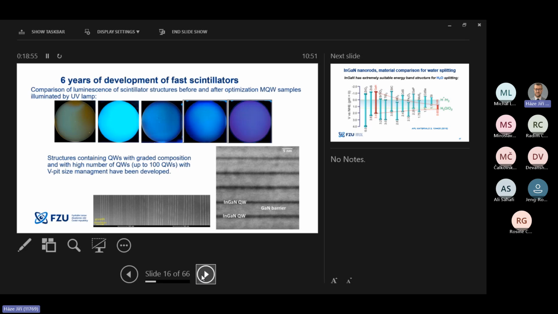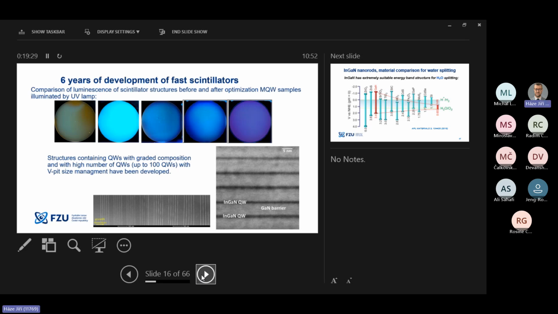The most difficult thing was to get rid of any defect bands in our material, and to have very fast excitonic luminescence. This month, we hope we reached this goal. So hopefully, our structure will go to production.